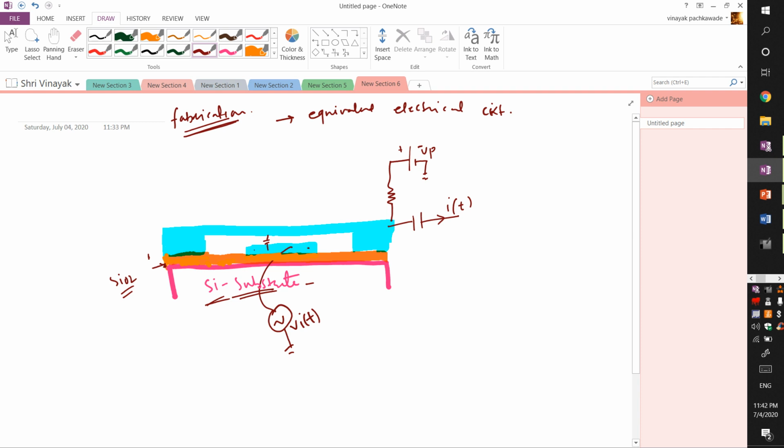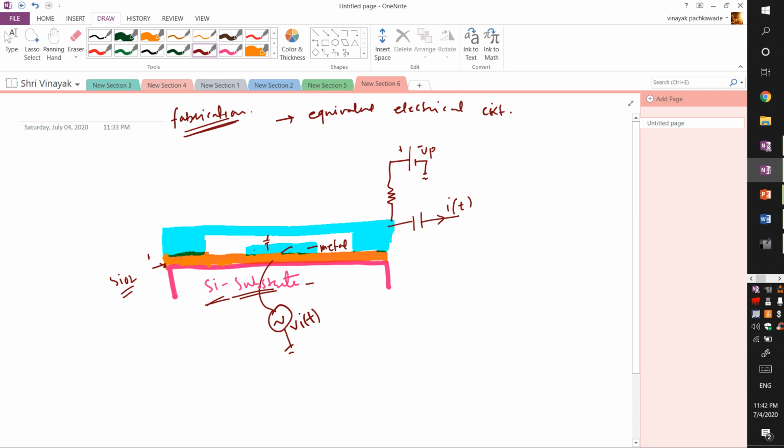This metal layer acts as a bottom electrode to drive the beam on top. Then again there is a photolithography and etching process, and certain areas are etched away again.